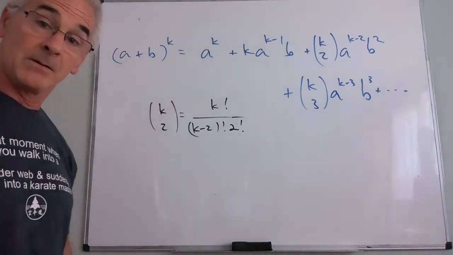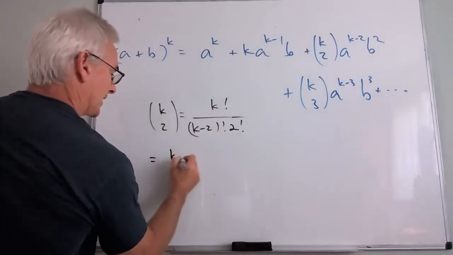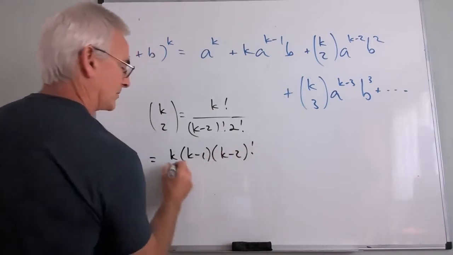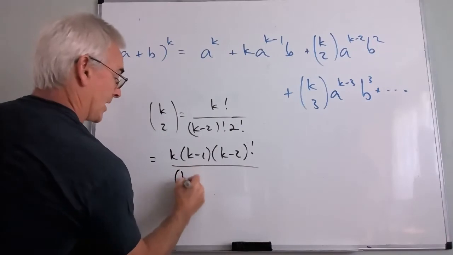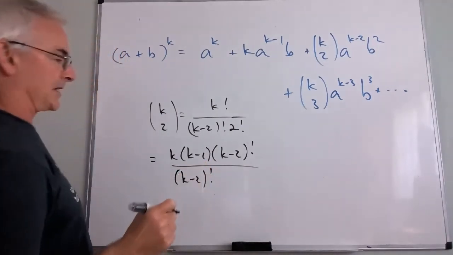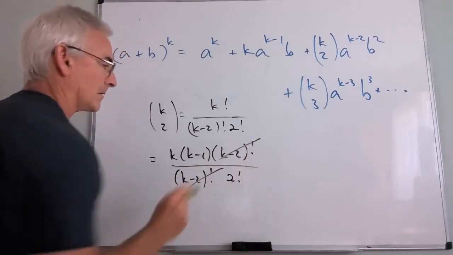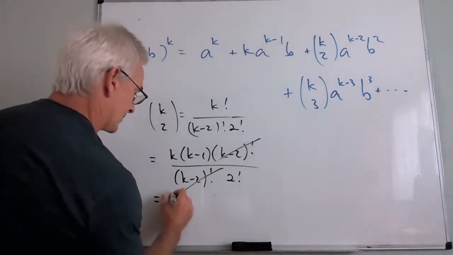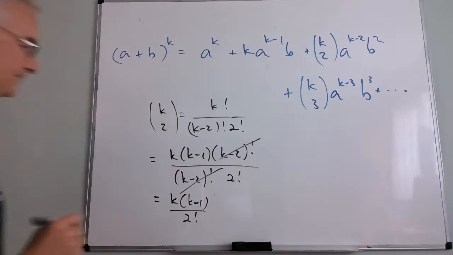I think I can. We've done this before. Can I make the top k times k minus 1 times k minus 2 factorial? Yep. And the reason I would do that, remember, is to think about this like you don't have a calculator. So after all of that, I would get just k times k minus 1 over 2 factorial.